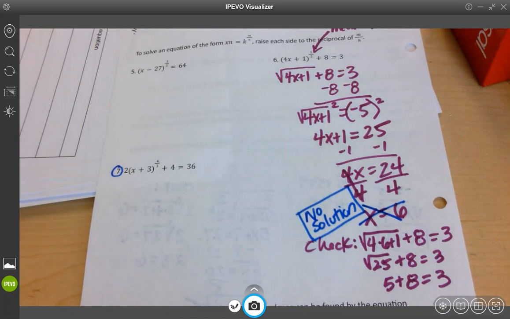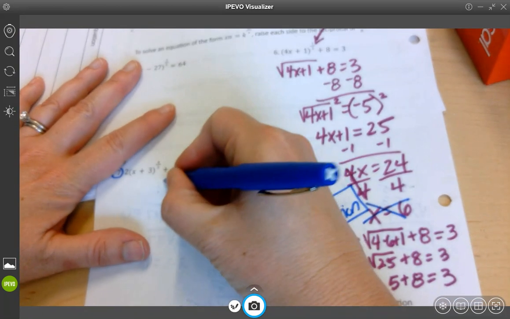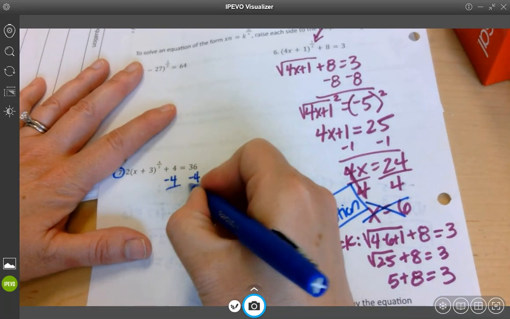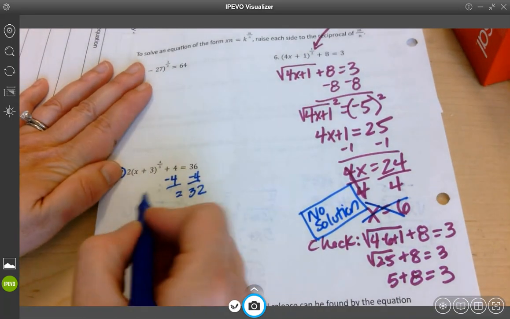So what would be the first thing to do to get the parentheses part by itself? Subtract 4. Very good. Minus the 4. So now I have 32, and I'll bring everything else down.